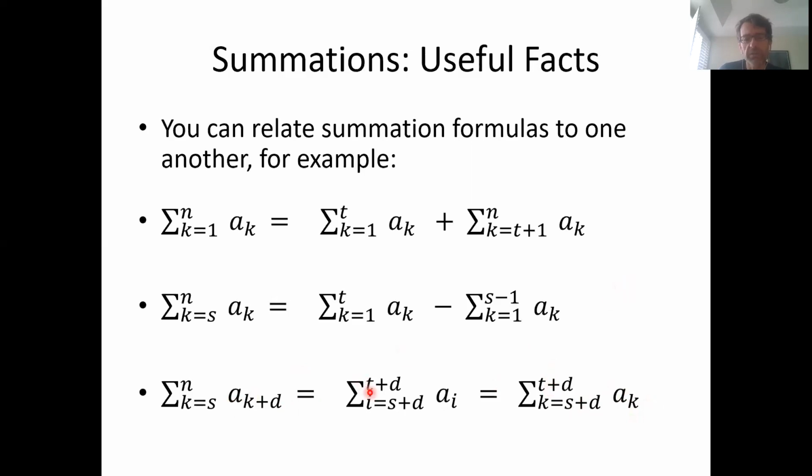So I will fix these typos, and I will also add the explicit formulas for summation of a geometric sequence and summation of an arithmetic sequence to this slide. Do you have any other questions? We're open for questions.